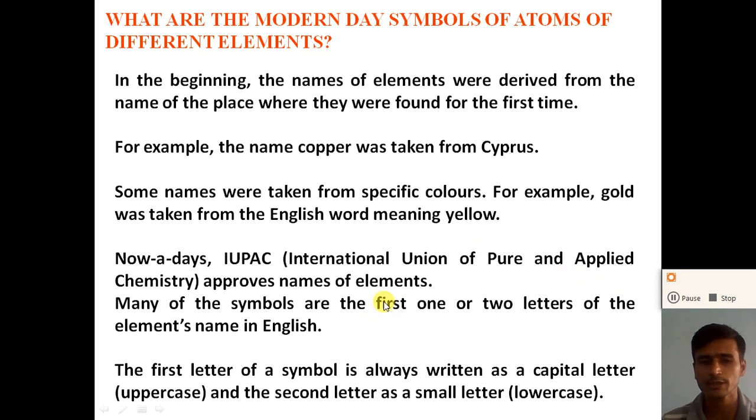Many of the symbols are the first one or two letters of the element's name in English. According to the IUPAC names, many symbols of the different elements are taken as the first one or two letters of the element's name in English. The first letter of the symbol is always written as a capital letter, that is, an uppercase letter, like A, B, C, D, right?